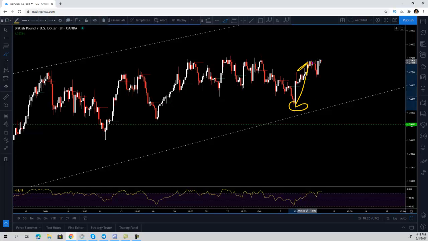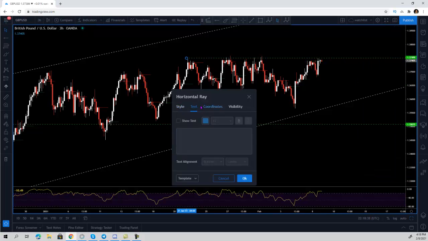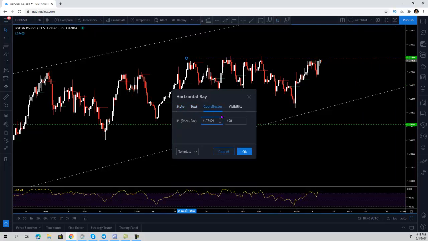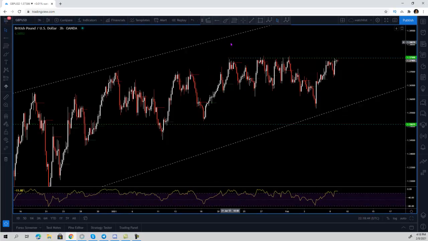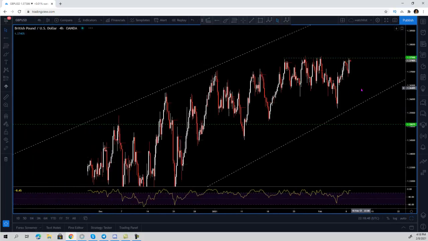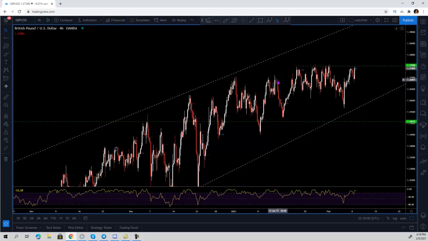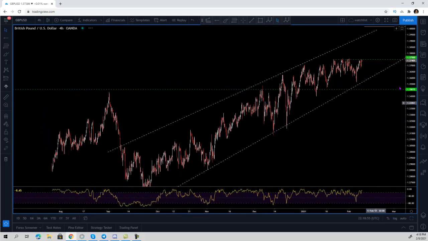And the pound rallied from the lows where we took profits all the way up to the top of the range, this 137.50 level, which has been a heavy level of resistance. Now, let's start with the 4-hour chart. You can see that we are in a very strong move to the upside.